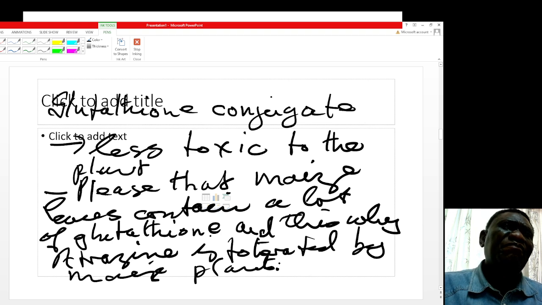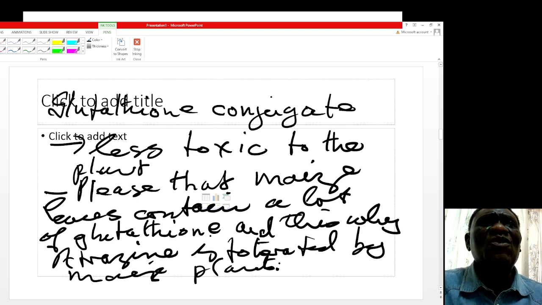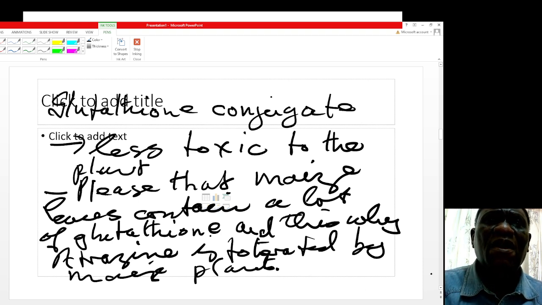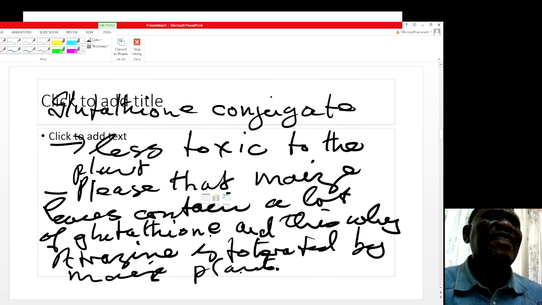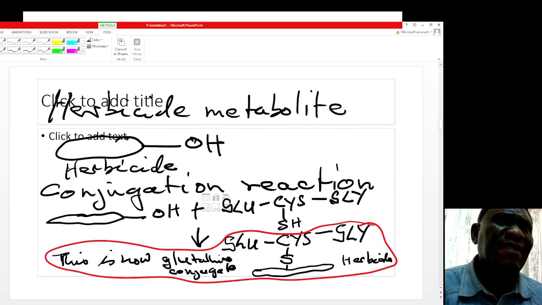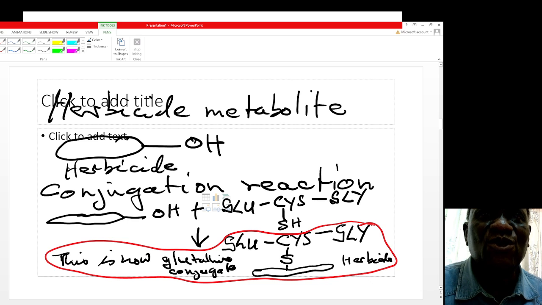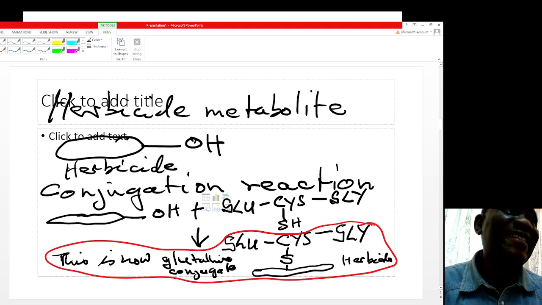But in phase 1, atrazine will carry an OH which is suitable for combination with the glutathione. So we have glutathione conjugate here, which makes the herbicide less toxic.